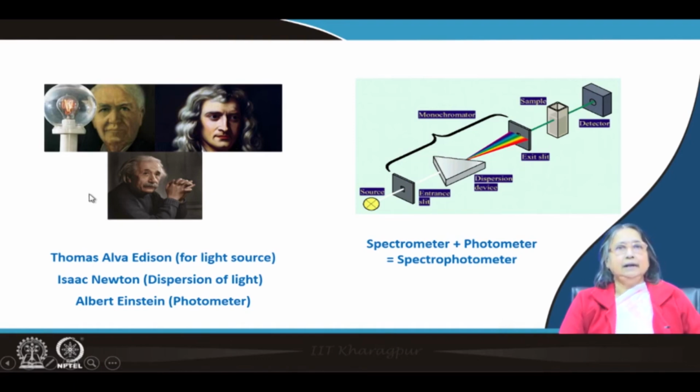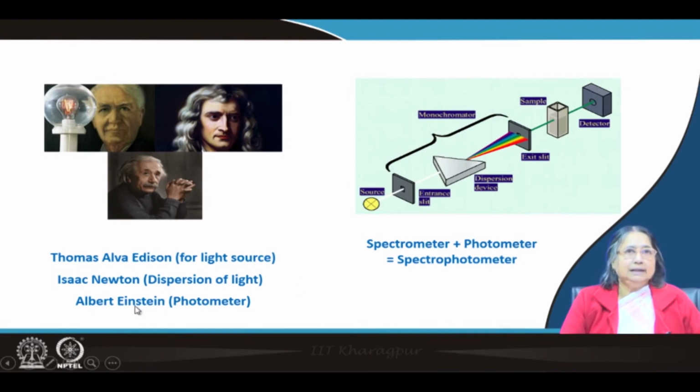And then you can see Sir Isaac Newton, who discovered the dispersion of light. You know that when white light passes through a prism, you can see the dispersion, and then you can see 7 different lights.